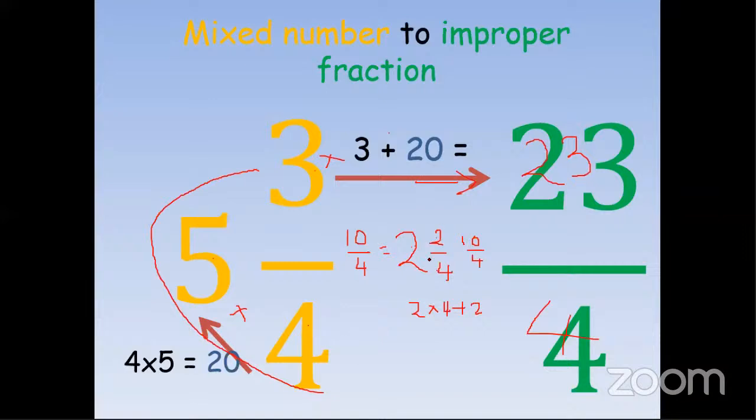But if someone simplifies this one, 2 whole numbers, 2 out of 4, then you reduce it down. This one you get 1, this one 2. Then you come up with 2 whole numbers, 1 out of 2. Now when you convert this into an improper fraction, 2 times the 2 gives 4. 4 plus 1 gives 5.